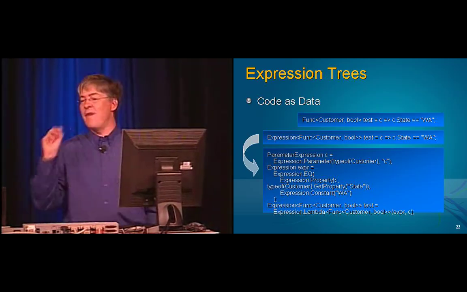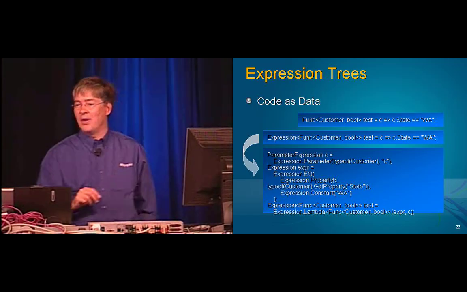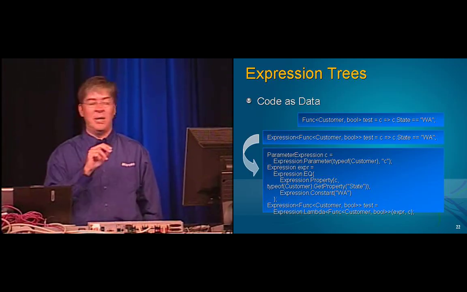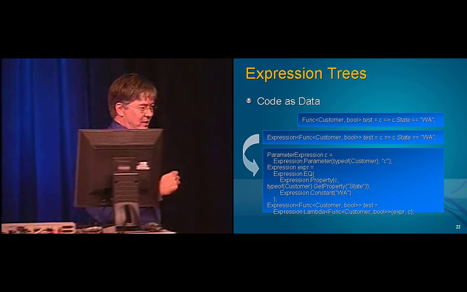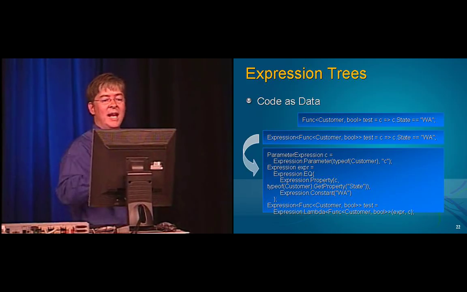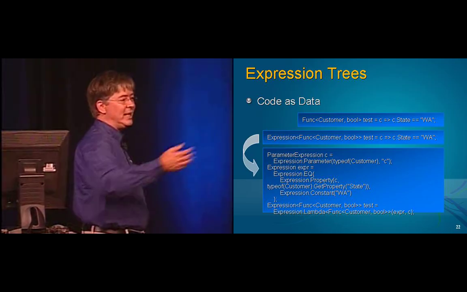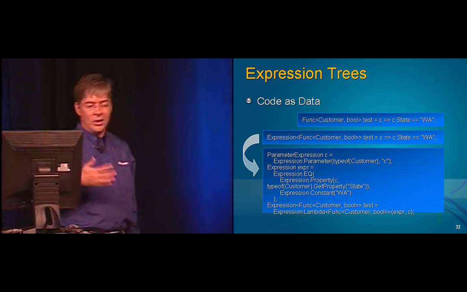But I can also take the very same lambda expression and assign it to a variable or parameter of type Expression of some delegate type. And what we then do is we emit an expression tree instead of emitting a method and creating a delegate to the method. But it's all strongly typed still.